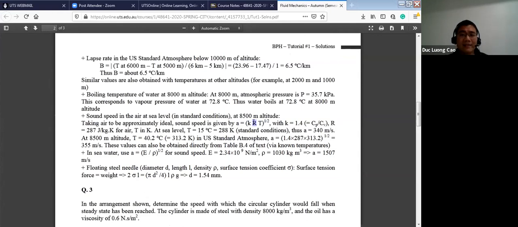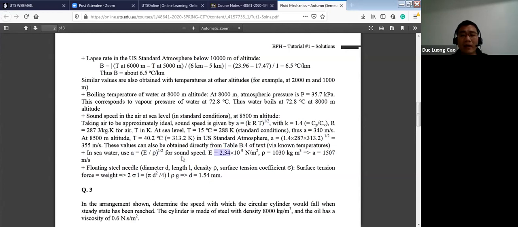We have another equation to find sound speed in a liquid: a equals square root of elasticity divided by density, with elasticity and density from the table.